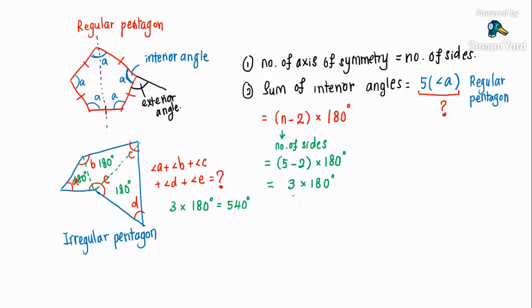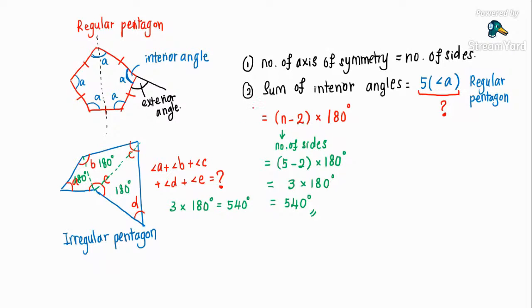So 3 times 180 is equivalent to 540 degrees, as we all know. So this is how, just now when I was explaining the number of triangles that you can find in a polygon, this led us to the formula that I'm talking about here.